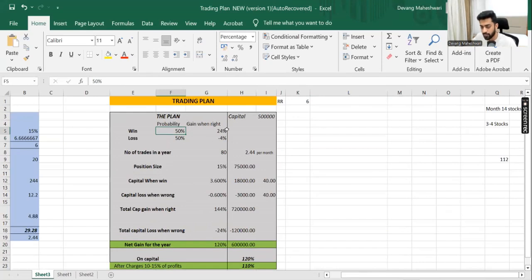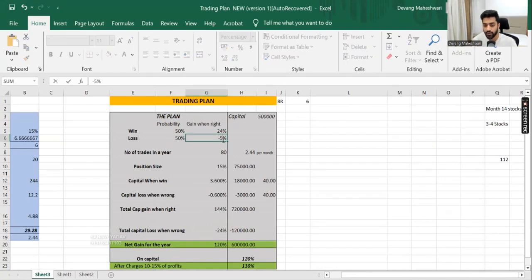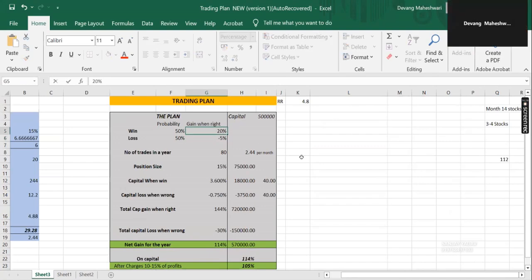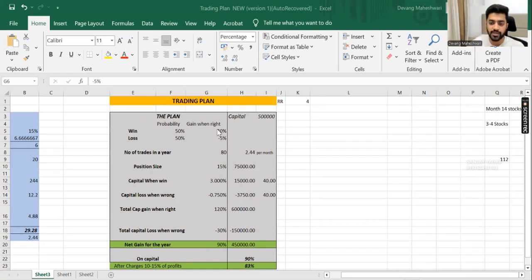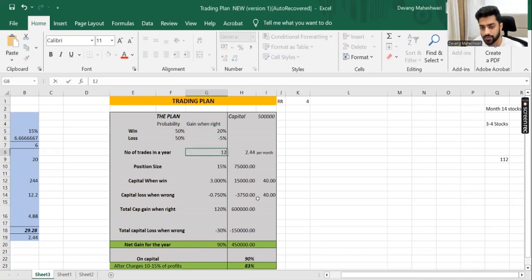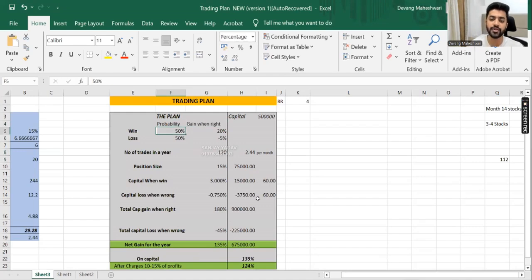Let's say you have a 50-50 probability and your average loss, let us keep 4% or so, average gain is coming 20, and let's say you're taking 10 trades in a month. So overall it will be, let's say 120 trades and you are at a 50-50 probability.